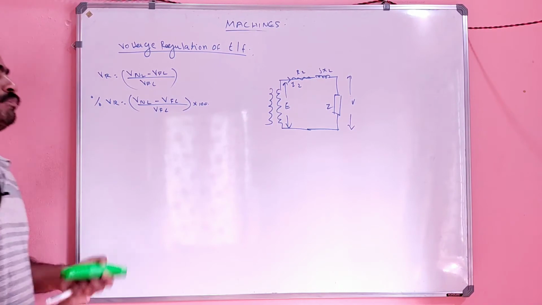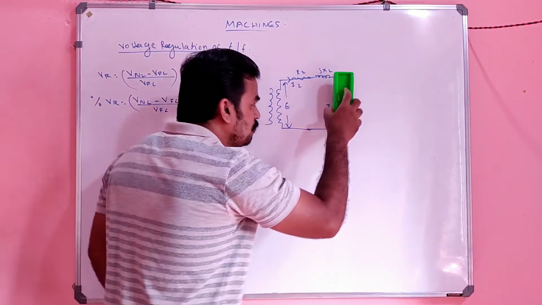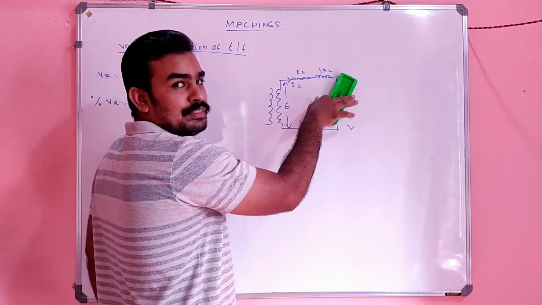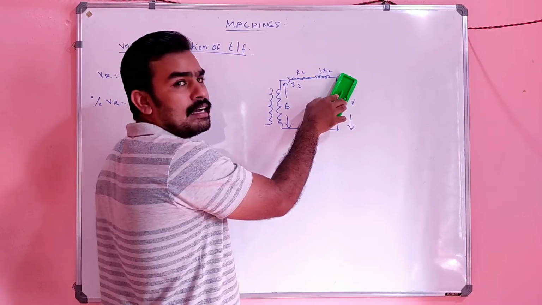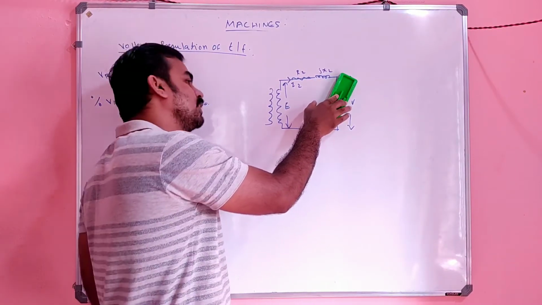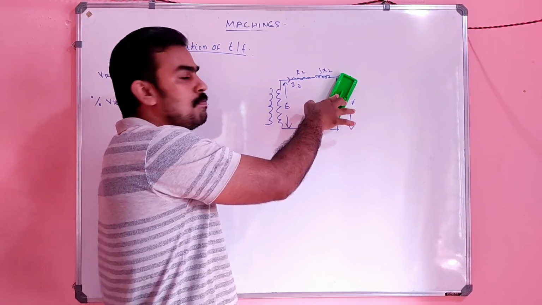Suppose you imagine a condition where there is no load. Is there any current? If it is no load, no. I2 equals 0, which means E will be available.